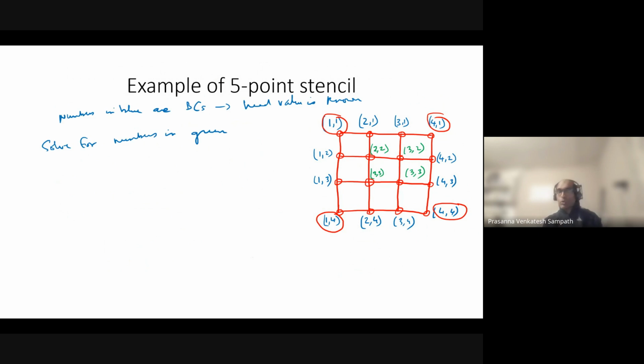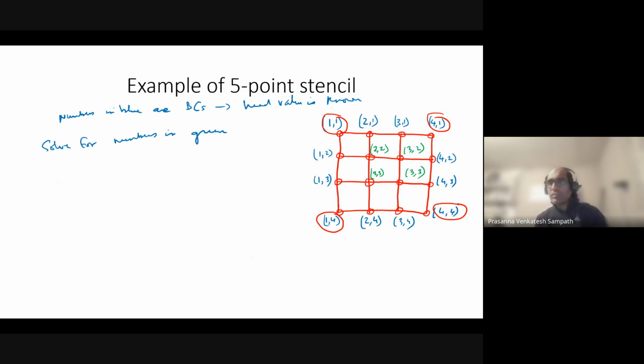So the numbers in blue are boundary conditions, so the head value is known. And I need to solve for the numbers in green, which means I want to solve for the head at 2,2; 3,2; 2,3; and 3,3. So how do I go about this? Anybody has any thoughts?